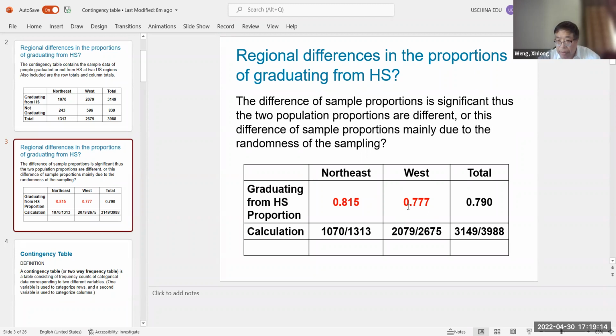Is this difference statistically significant? Or may it be caused by the randomness of the sample? Now we need to run the contingency table and learn one method called chi-square.